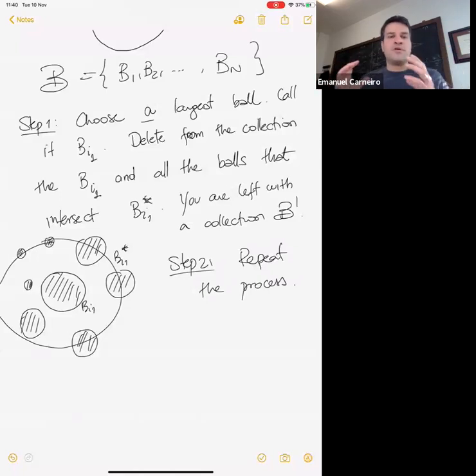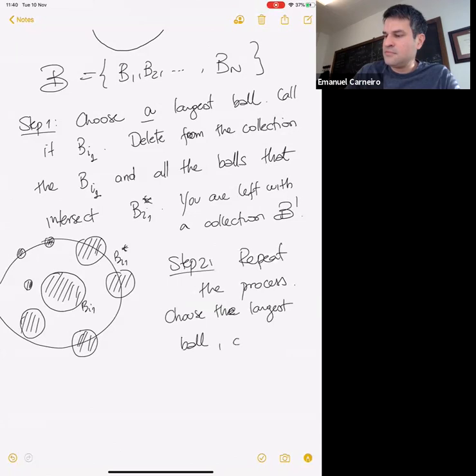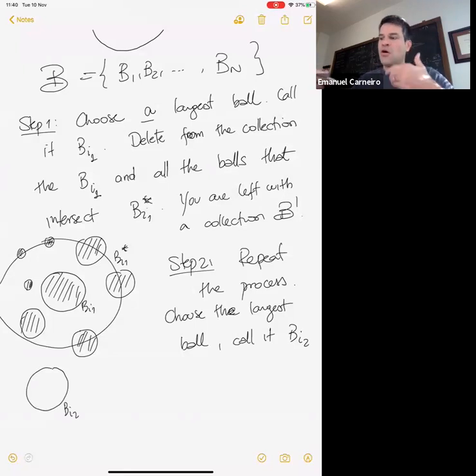Choose the largest ball in the collection that you have, call it B_I2, which by construction is not touching this B_I1 star. So maybe your ball B_I2 is right here. And you will delete all the balls in your collection B prime that touch B_I2 star. And so on.